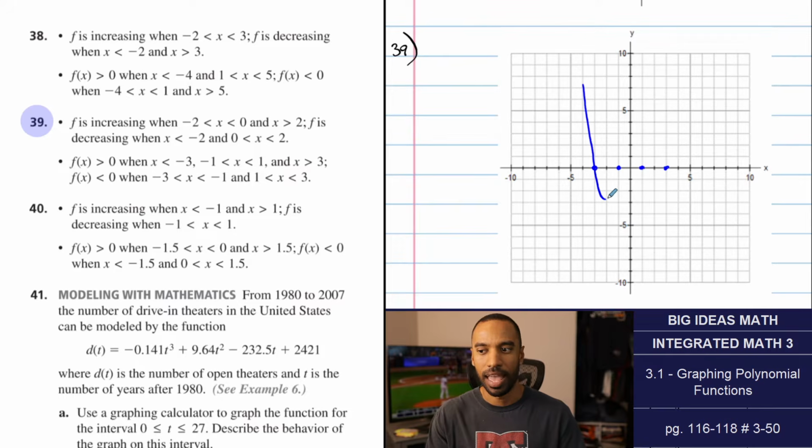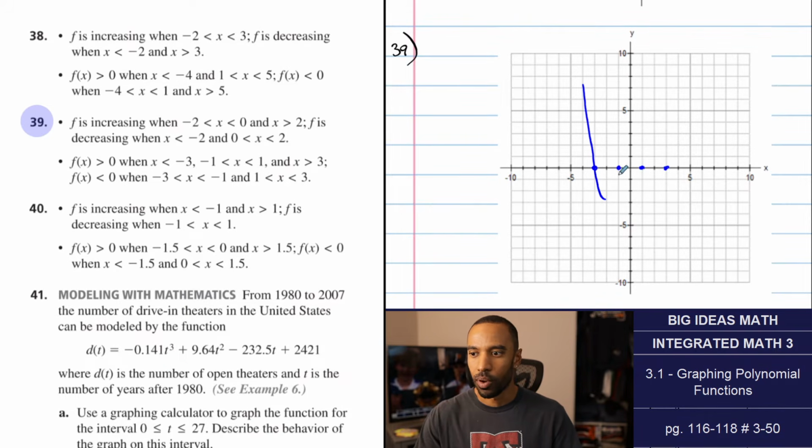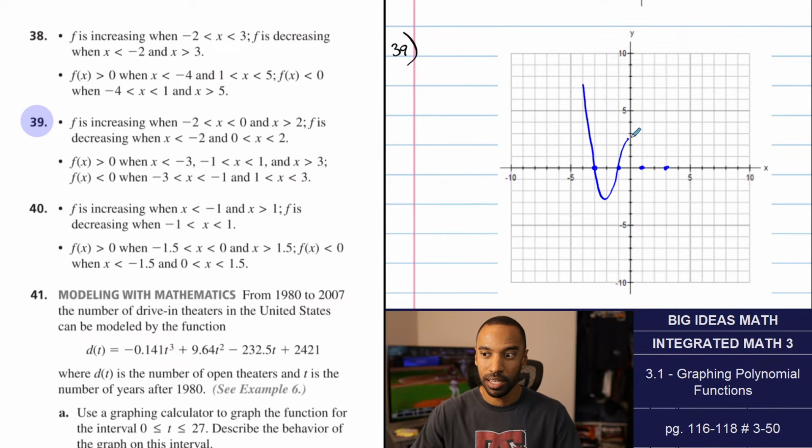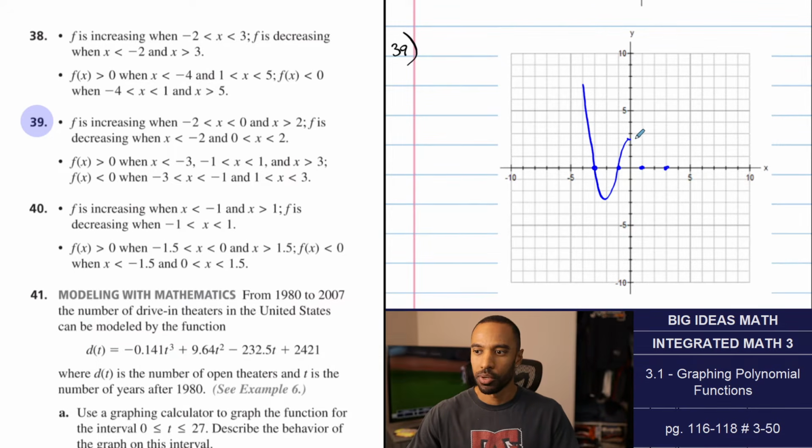So I have that part. At -2, we start our increase, and it increases all the way until 0. So it's going to go through here. It increases from -2 to 0, is what it states. Now, what's the actual y-intercept? I don't care. From -2 to 0. It decreases again from 0 to 2.